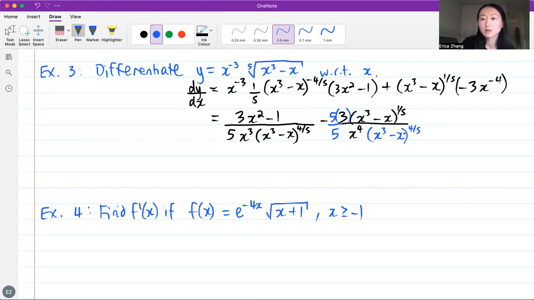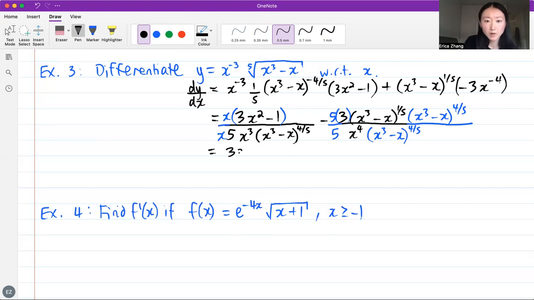We multiply something on the bottom, we have to multiply the top by that same factor. And we need to add a single x to the numerator and denominator of the left-hand side. So we have x to the 4 as our denominator in both fractions. Okay, let's simplify now.